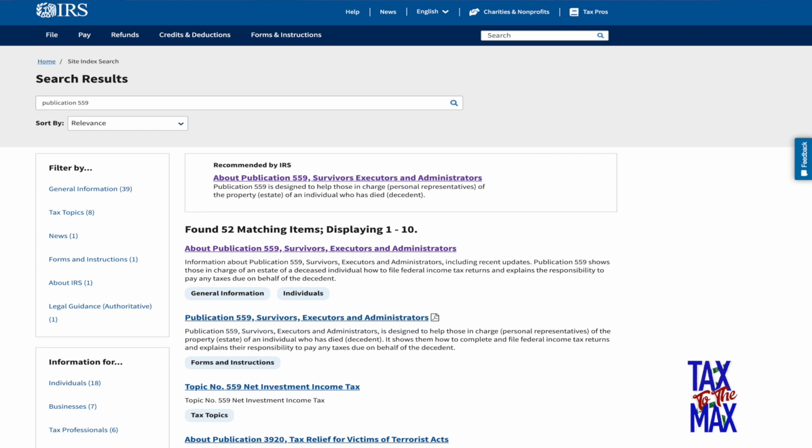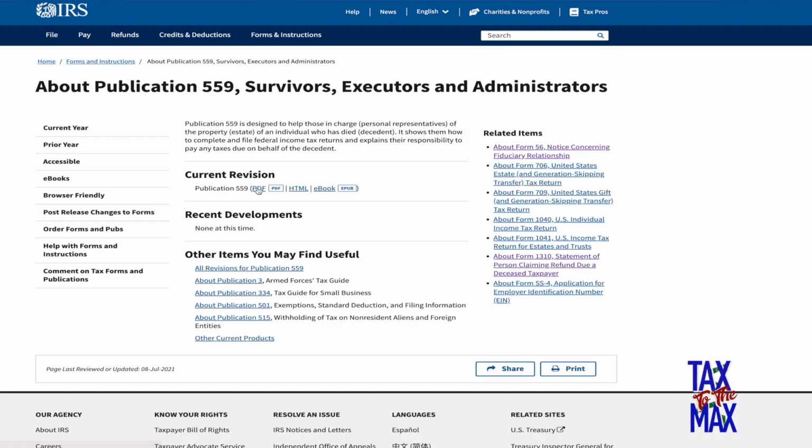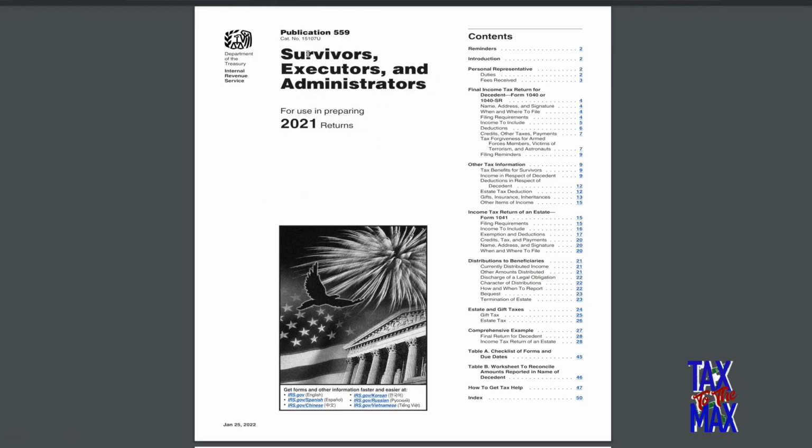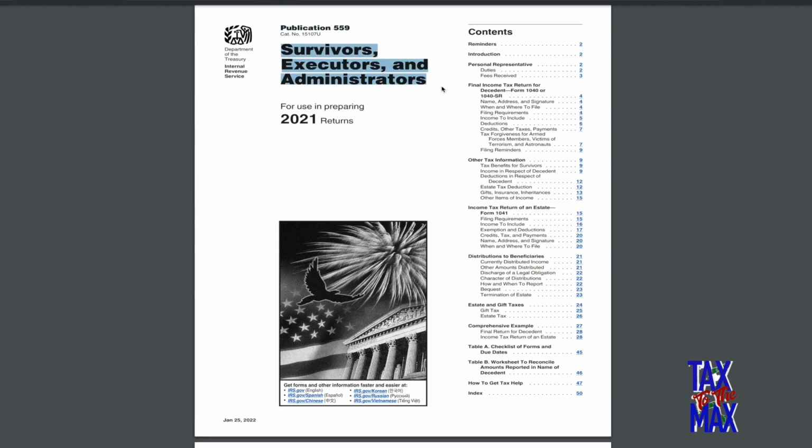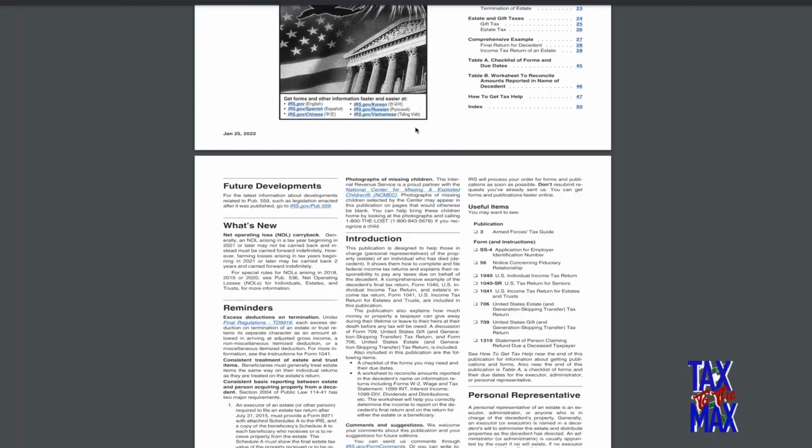Yeah, it's publication 559 for survivors, executors, and administrators. I will look further into that to see if there's any other clauses or loopholes for that. But as far as I'm concerned, in a general sense, power of attorney doesn't have much authority over deceased accounts. So there's that.